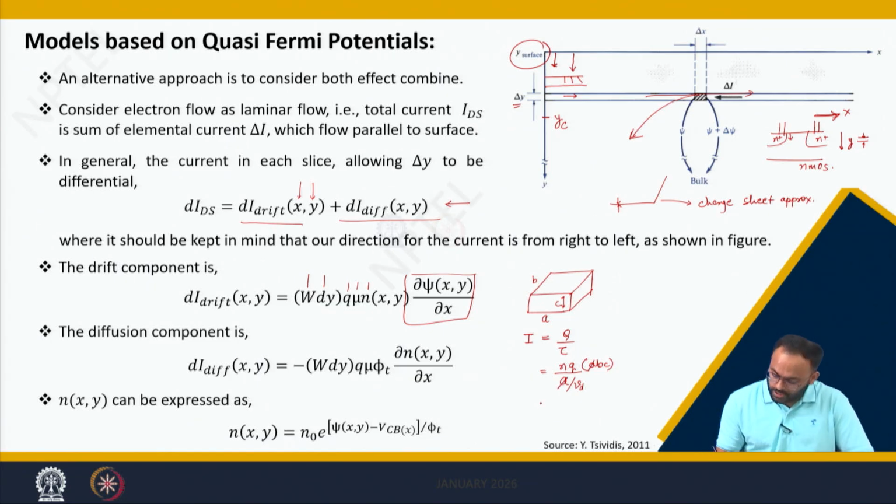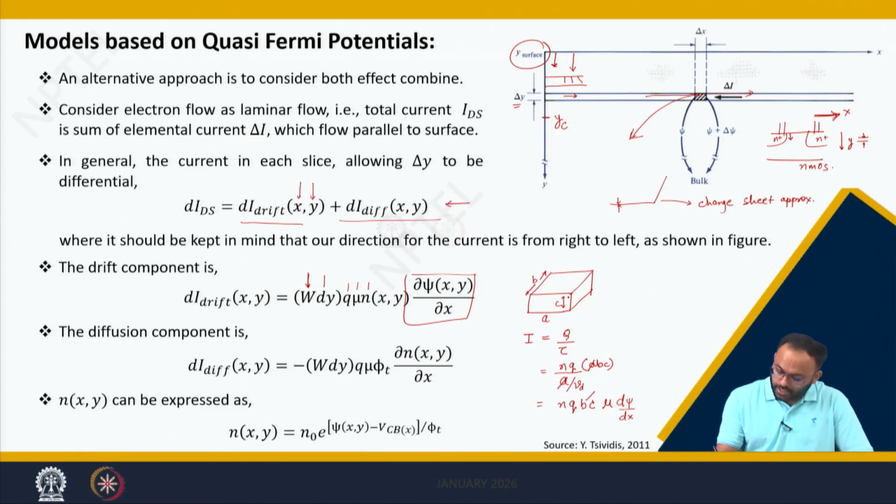So a can be cancelled and you can write n into q into b into c into Vd. Vd can be written as mobility into electric field, and the electric field can be written as d psi by dx. Here b is nothing but the width of the MOSFET, so we are replacing b by W.